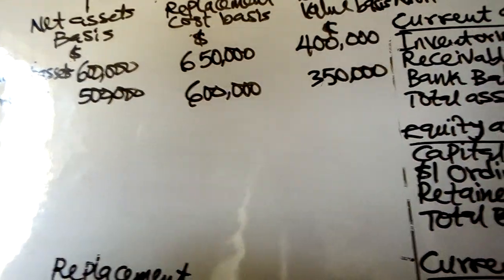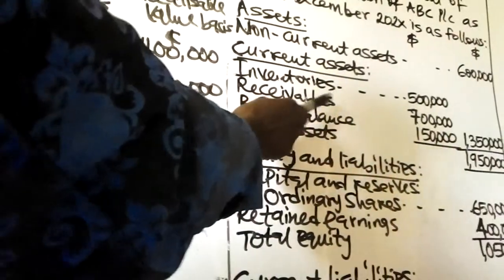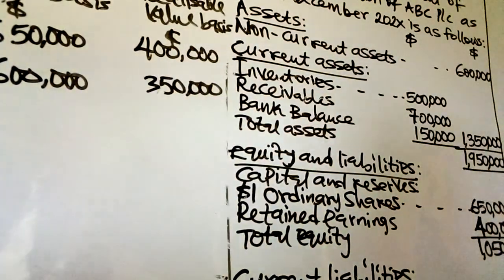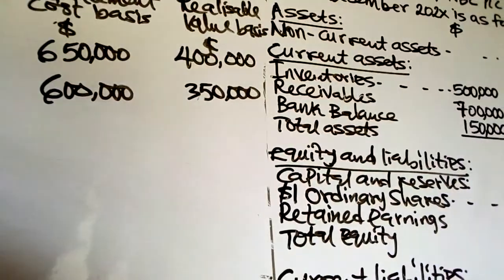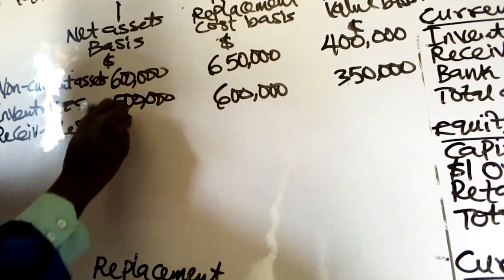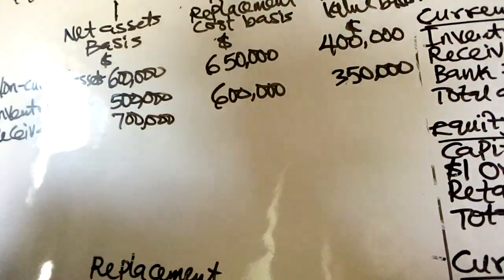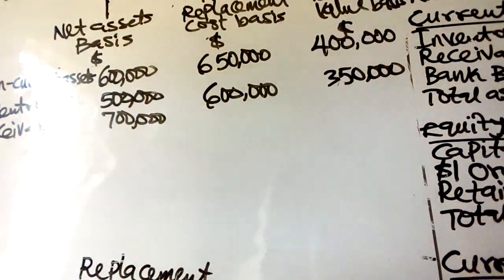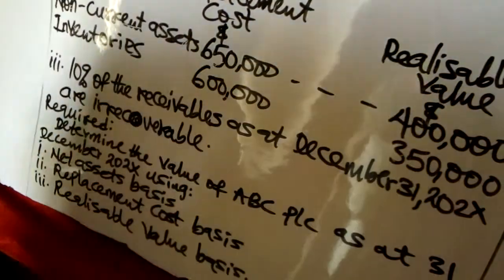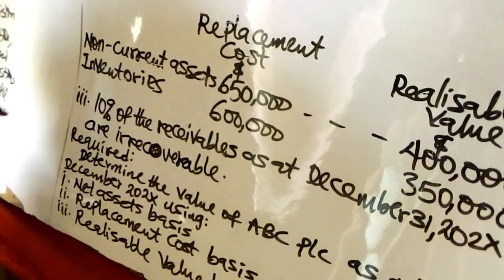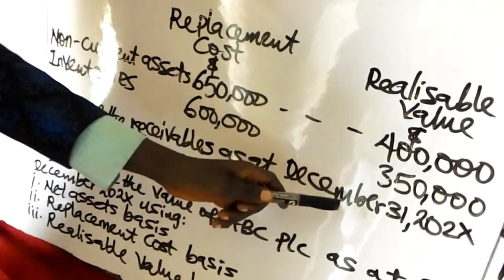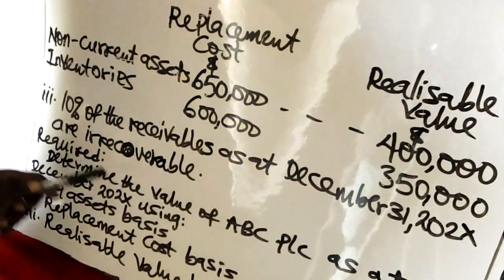Then you also have receivables. Receivables is 700,000. That is the book value. You are not given the replacement cost of receivables, but you were told that 10% of the receivables as at 31st December 2022 are irrecoverable.